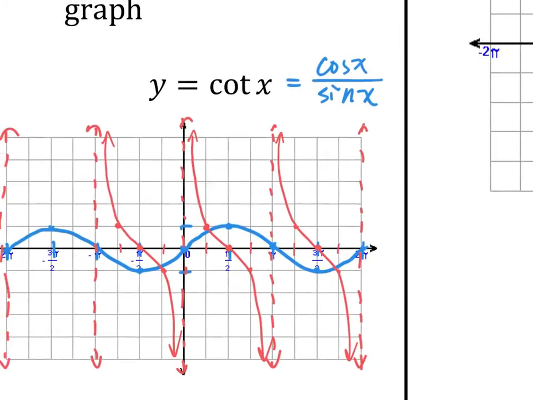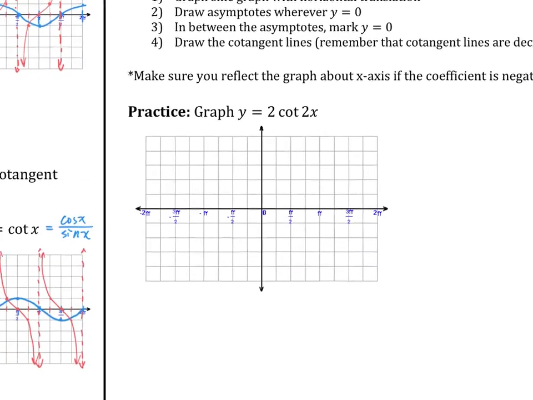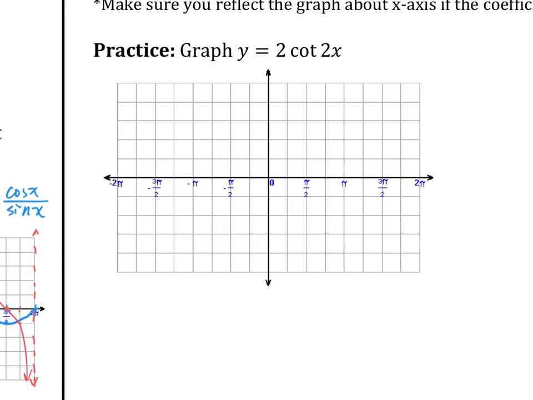All right. Okay, let's go ahead and again have you pause the video and try this one. So this is again very similar to the previous one where we did 2 tangent 2x. Now you're going to do 2 cotangent 2x. So we're going to start with cosine over sine. And we care more about sine because it's in the denominator.